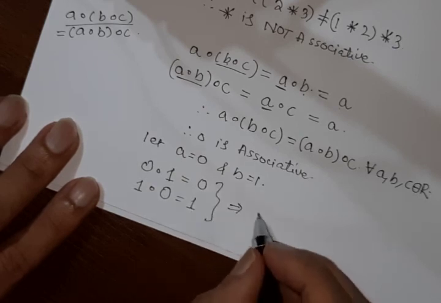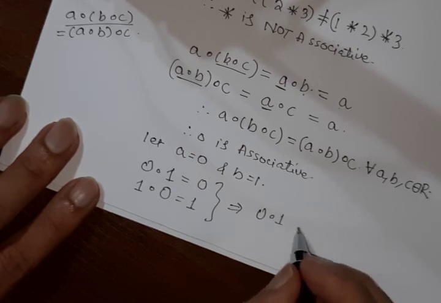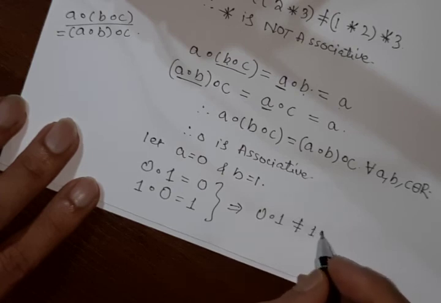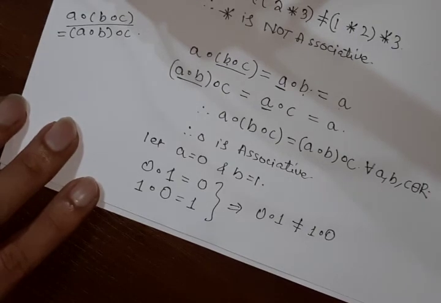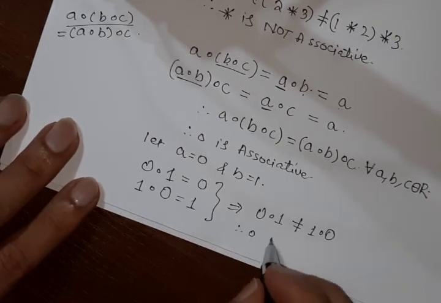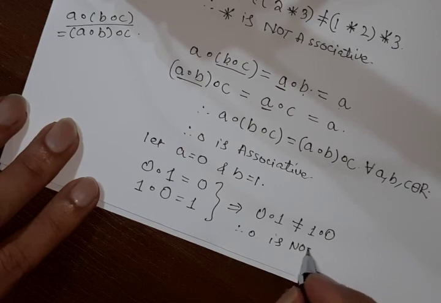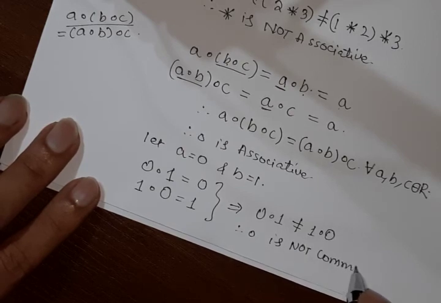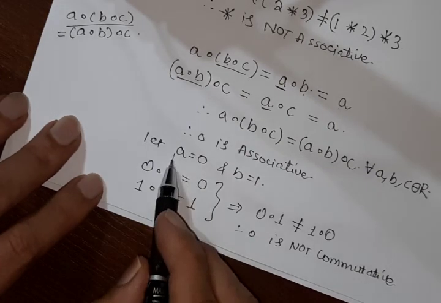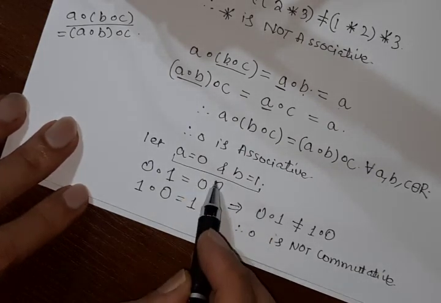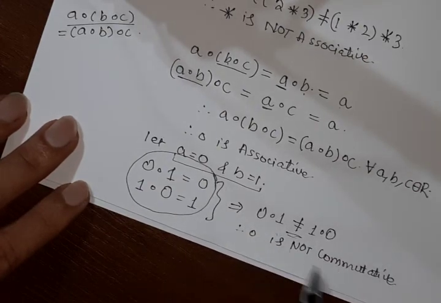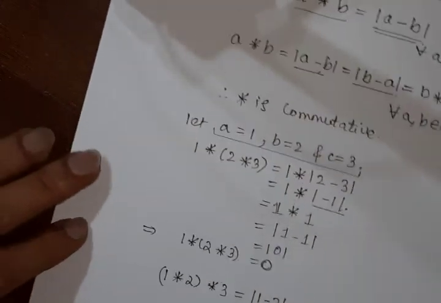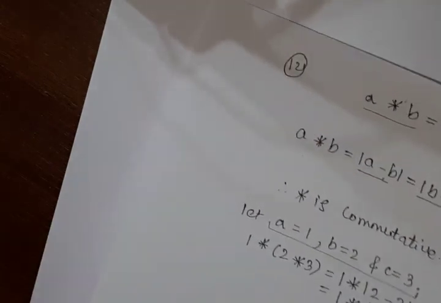So from here what you get is 0 O 1 is not equal to 1 O 0. Therefore O is not commutative, because you found one set of values, 0 and 1, for which the commutative property is not satisfied. Okay, now that was the second part.